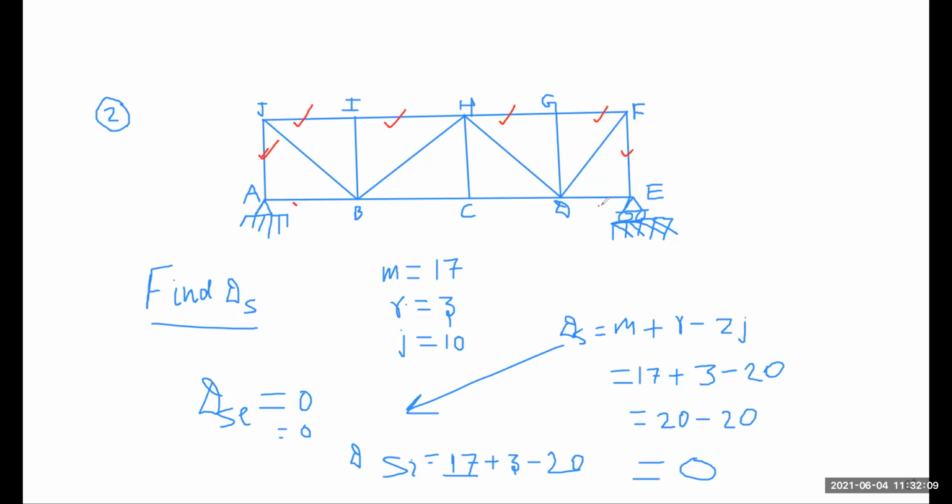Come down. 7, 8, 9, 10, 11, 12, 13, 14, 15, 16 and 17. So here our number of members is equal to 17. For reactions we have no problem because 2 and 1, 3 will come.